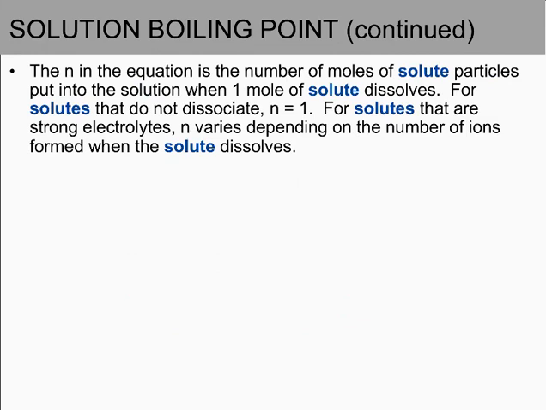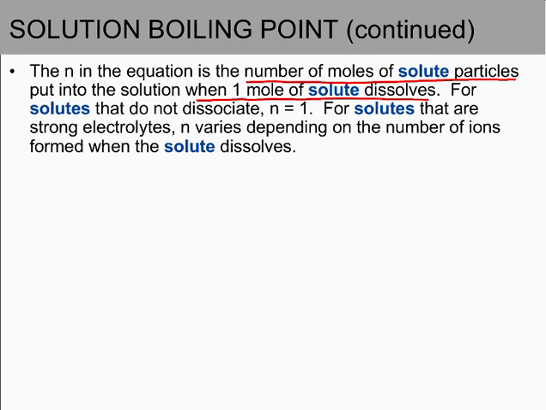Okay, so let's talk about N. N in the equation is the number of moles of solute particles that are put into solution when 1 mole of solute dissolves. So, for instance, solutes that do not dissociate have an N value equal to 1.